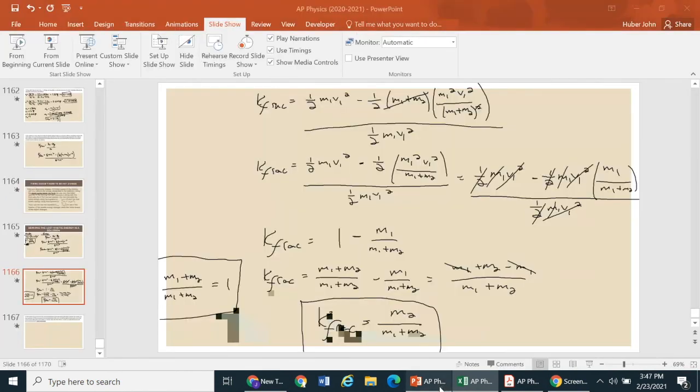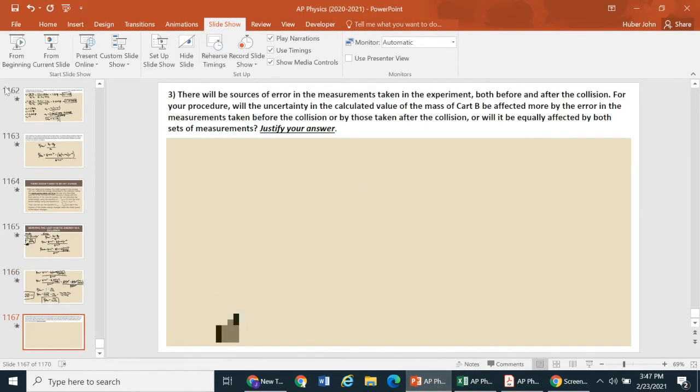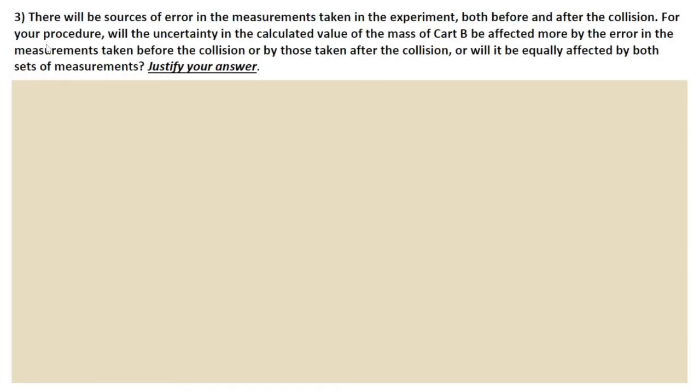All right, now let's just wrap up this worksheet because this has already been quite long. A question you should be fairly familiar with if you've been paying attention this year. Number 3 says there will be sources of error in the measurements taken in the experiment, both before and after the collision. For your procedure, will the uncertainty in the calculated value of the mass of cart B be affected more by the error in the measurements taken before the collision or by those taken after the collision, or will it be equally affected by both sets of measurements?